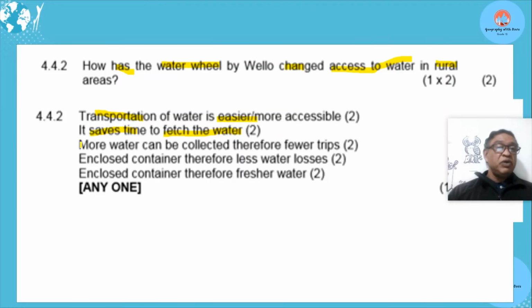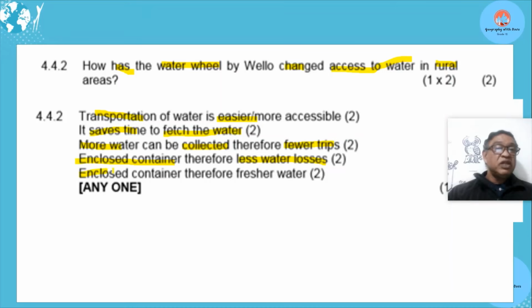More water can be collected, therefore fewer trips. All right, because now it's a larger container, you're carrying it. Enclosed container, less water losses. You can see there was a seal there. If you're carrying your bucket and you shake and it spills, you understand you're losing water. Yeah, it's enclosed, so more water.